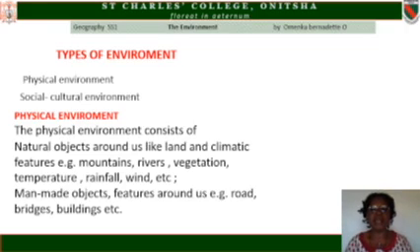Physical environment. The physical environment consists of natural objects or features around us, like land and climatic factors. Something like mountains, rivers, vegetation, valleys, etc., and other climatic factors like temperature, rainfall, wind, humidity, etc. The other one is man-made objects or features that we find around us.